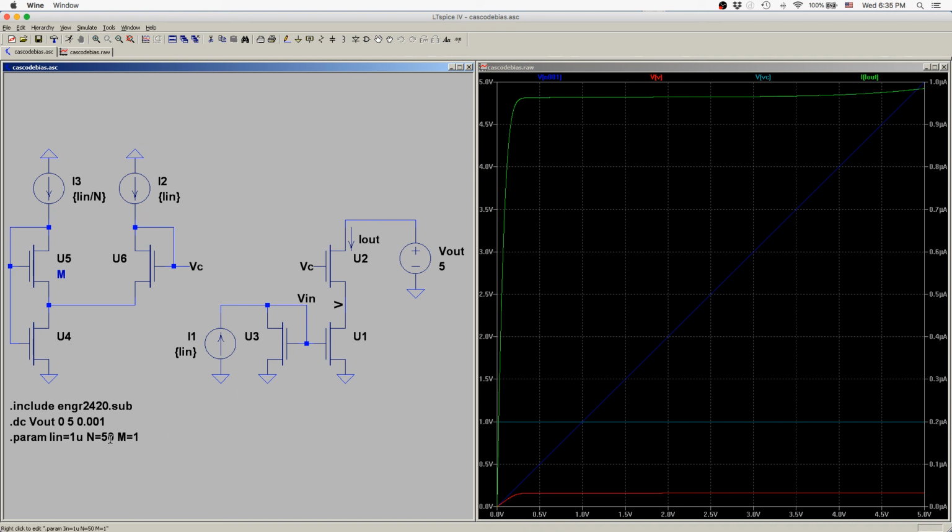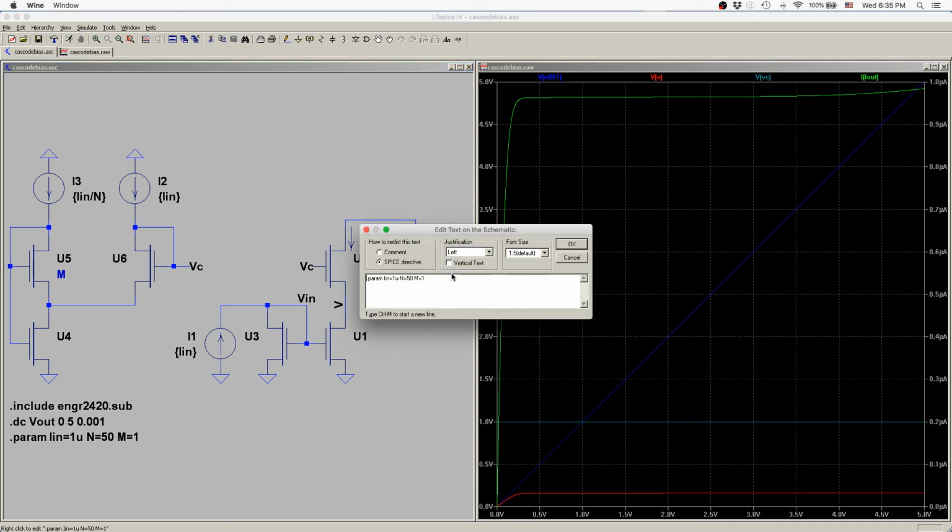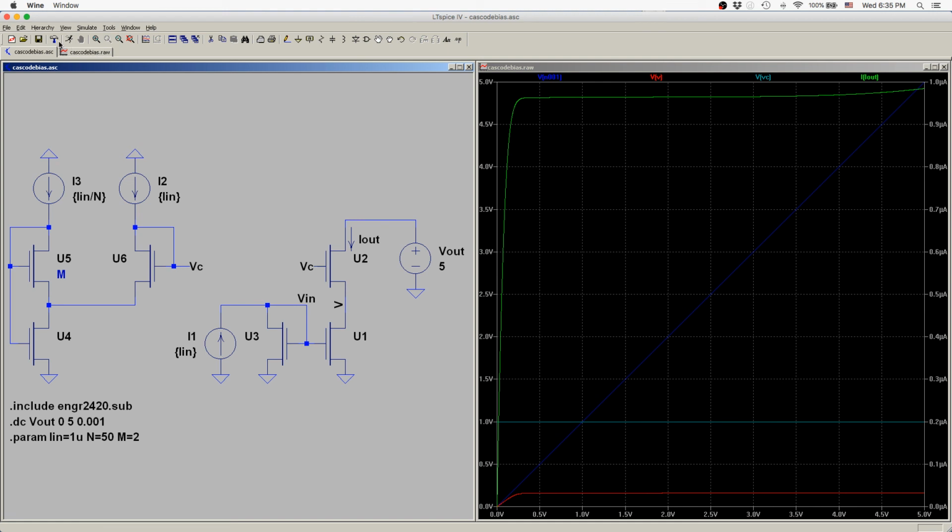And we can play with these numbers here. We could make m equal to 2 and rerun it. This is maybe a tiny bit flatter, and you can see the cascode bias voltage is a little bit higher, not that much, but it does make a little bit of a difference.